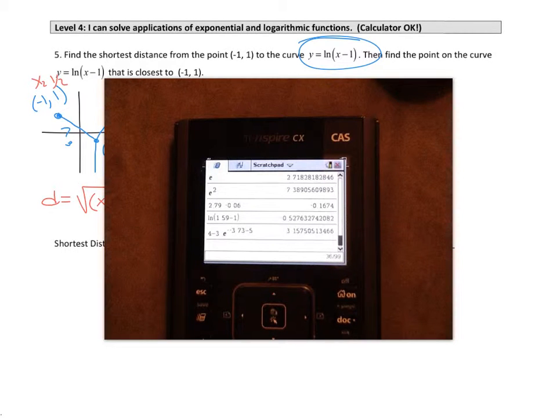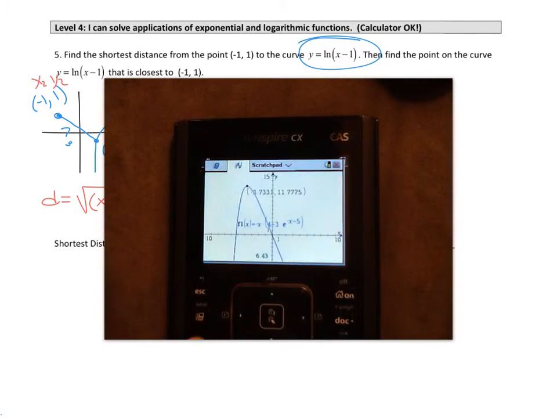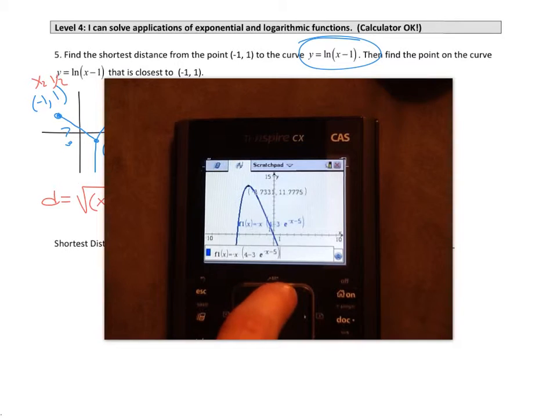So we turn on the calculator, go to graph, and I'm going to clear what's in here already.